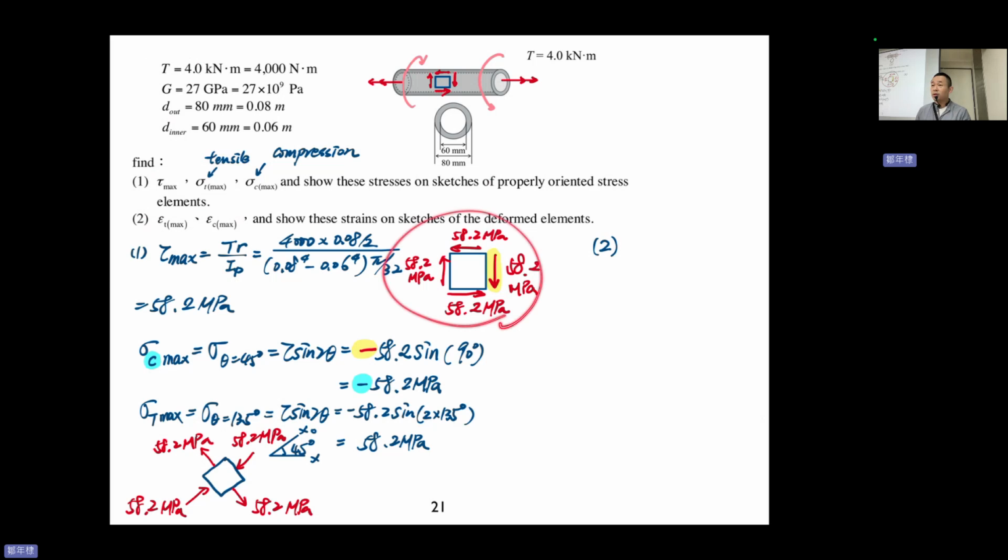This is the situation where the maximum shear stress happens, right? Okay, but after shear acts on it like this, what will the element look like? That is the shape of the deformed element. Then you can draw two states. There are two solutions for this. So you can imagine that this is going to become like this, right? So you can either draw like a, let me take a look.